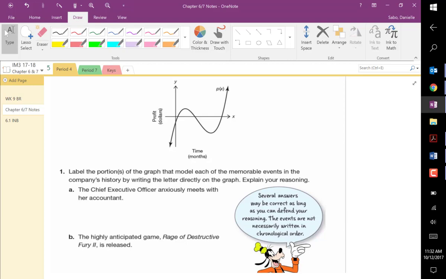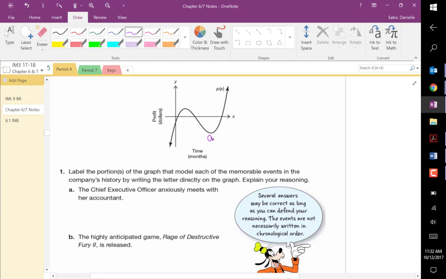Okay, at what point on this graph do you think that would be the lowest point? Because now I have to meet with my accountant because I'm very nervous that we're going to go bankrupt. Tell me where to stop or if you think you know where it's at. Yeah, very good. Okay, so right here, A.